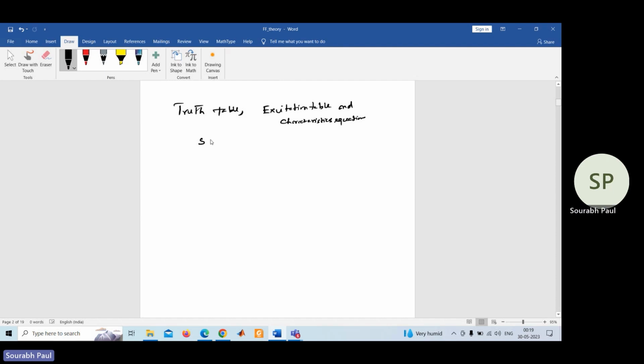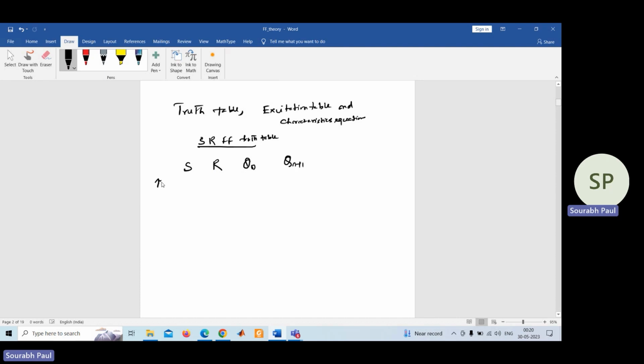So what we have seen in the last lecture, SR flip-flop truth table can be given this way. So it will have S input, R input, and present state, that is Qn. And using these three things, you need to find out Qn plus 1.